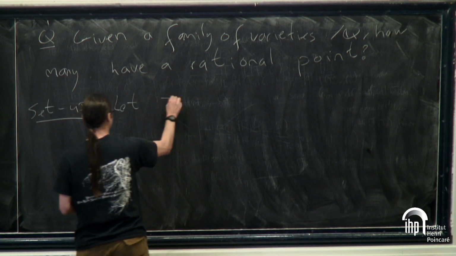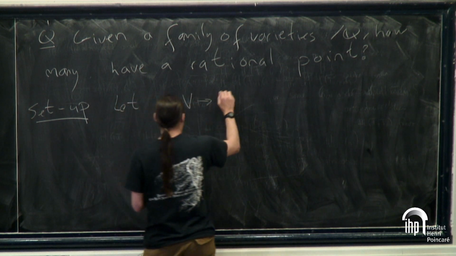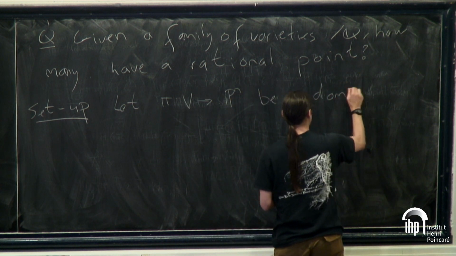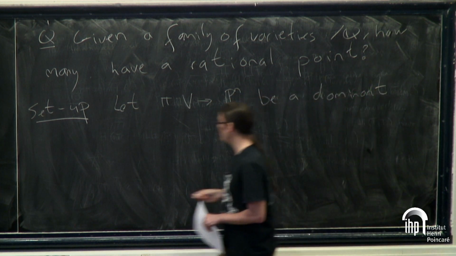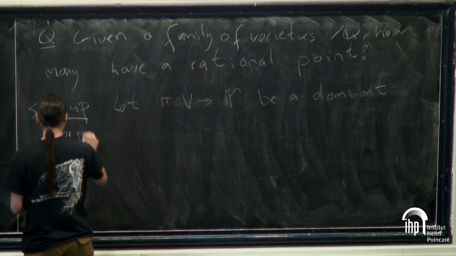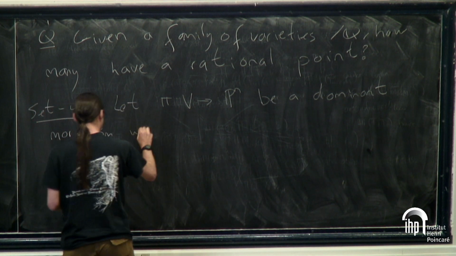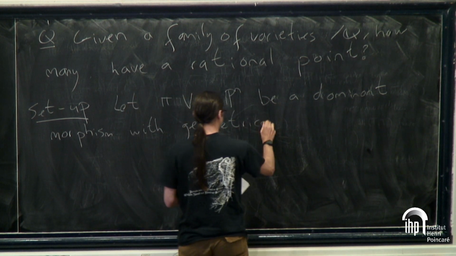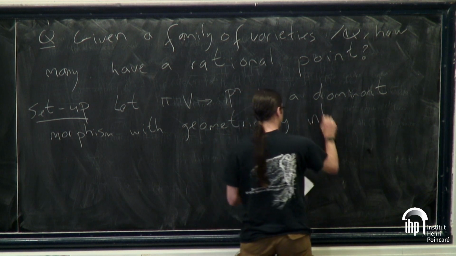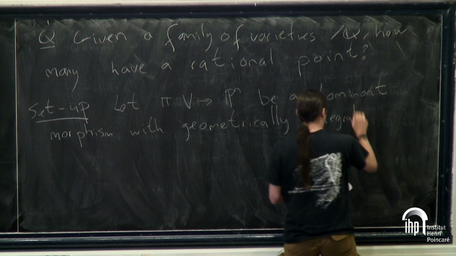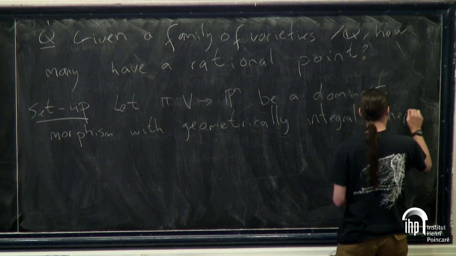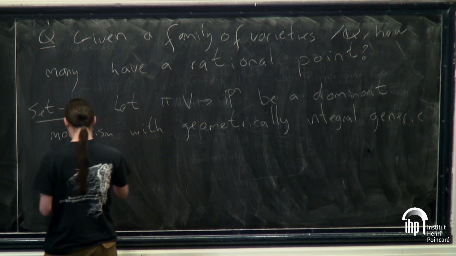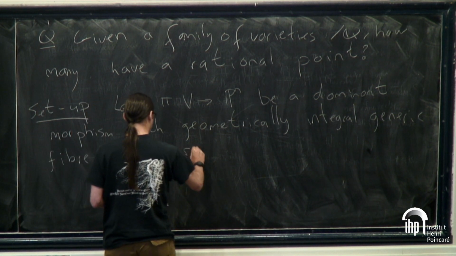So let pi from V to projective n-space be a dominant morphism with geometrically integral generic fiber, and V is smooth and projective.